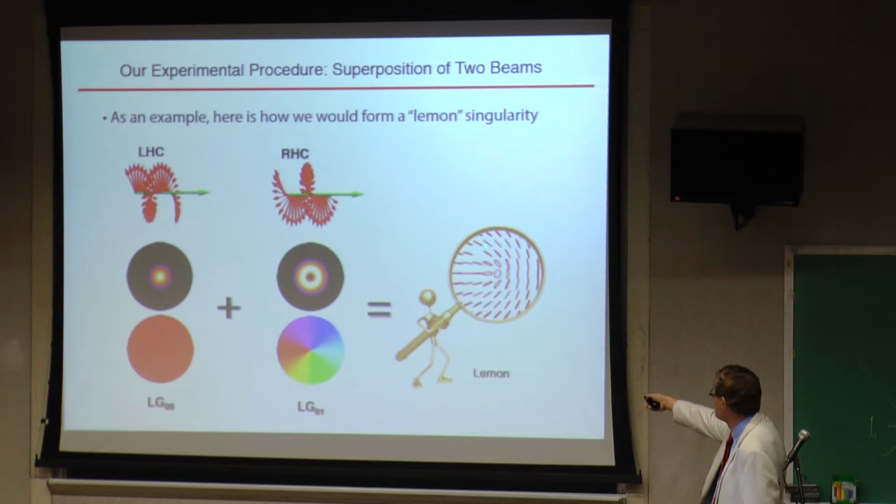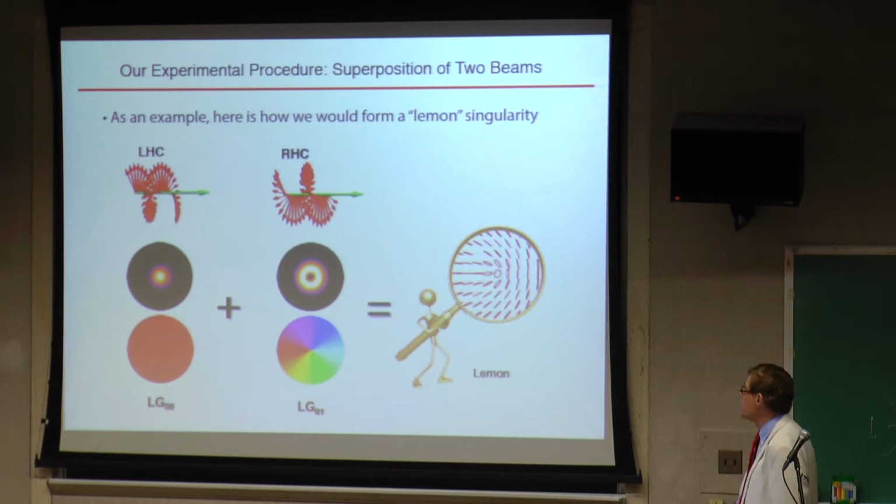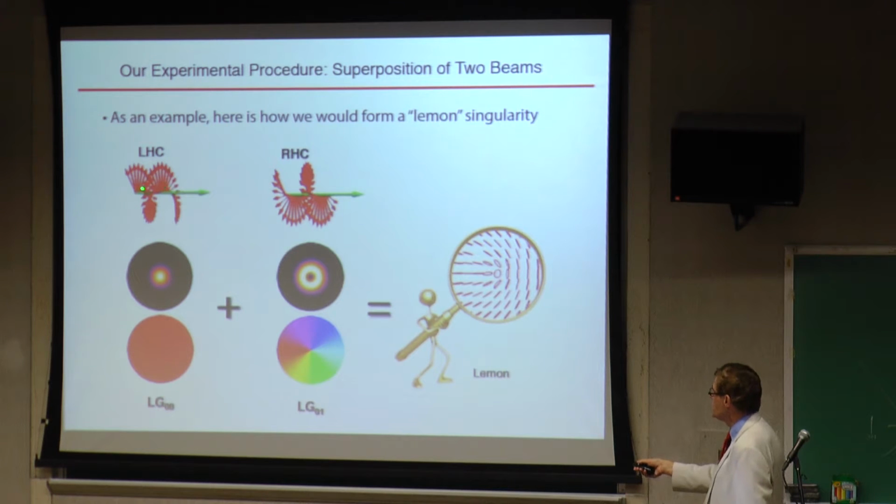It's circularly polarized, but there's all types of elliptical and linear polarization surrounding the center point. What we do is we take left-hand circular light in an LG00 mode, superimpose it with right-hand circular light in an LG01 mode, and if you just work this out, this is the type of polarization structure you get.